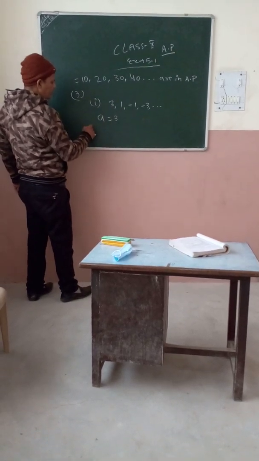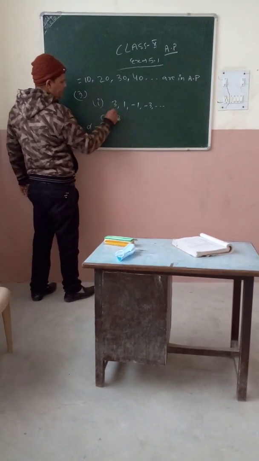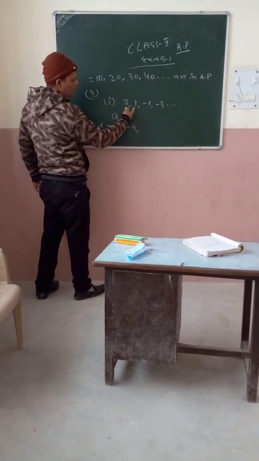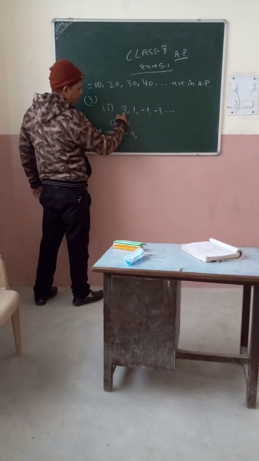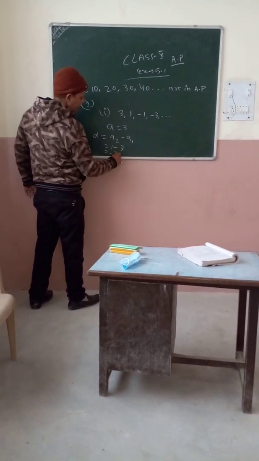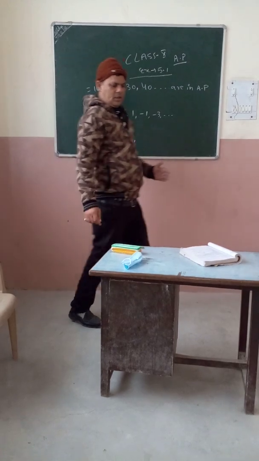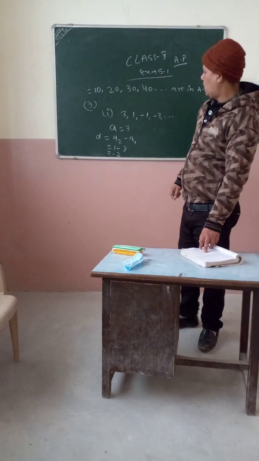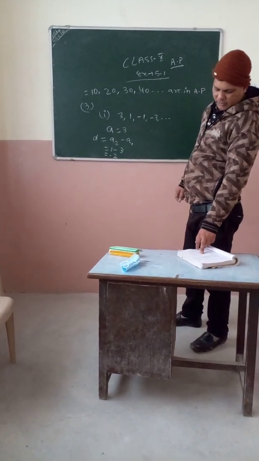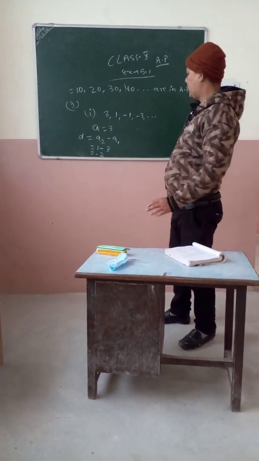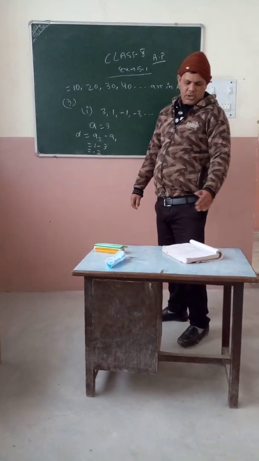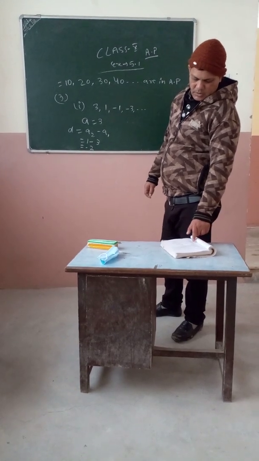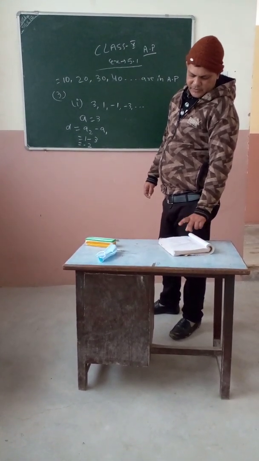Common difference means A2 minus A1. So A2 is 1, and 1 minus 3 equal to minus 2. So the first term A equal to 3 and the common difference D equal to minus 2. Now you can solve the second, third and fourth parts of question number 3, exercise 5.1.